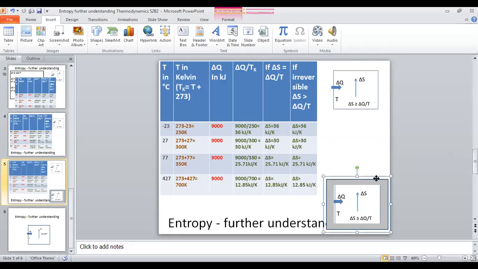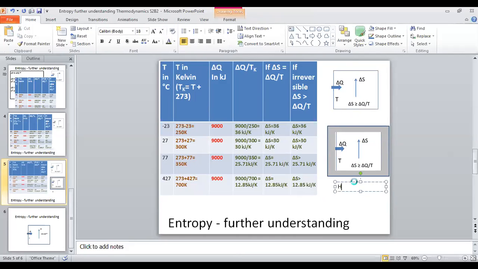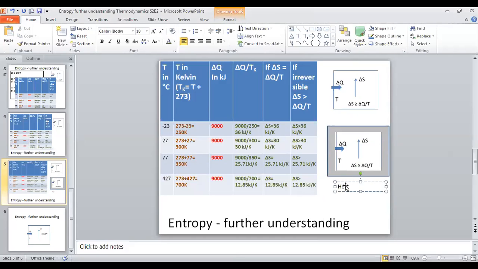Heat transfer through insulation, refrigerator box. I'm going to analyze this heat transfer through insulation.